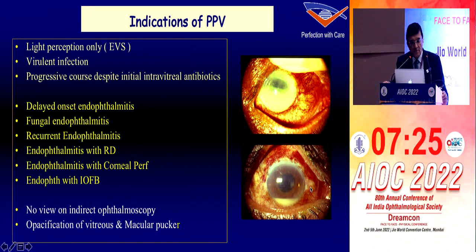So the indications for pars plana vitrectomy, classically by EVS, are light perception only, hand movements, very virulent infection, progressive course despite initial intravitreal antibiotics, delayed onset endophthalmitis, fungal endophthalmitis, recurrent endophthalmitis, endophthalmitis with retinal detachment, and endophthalmitis with a corneal perforation or an intraocular foreign body.